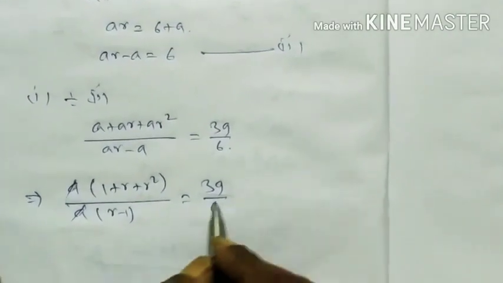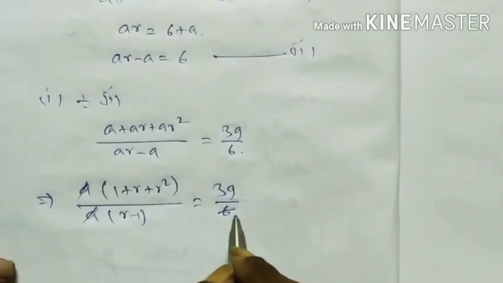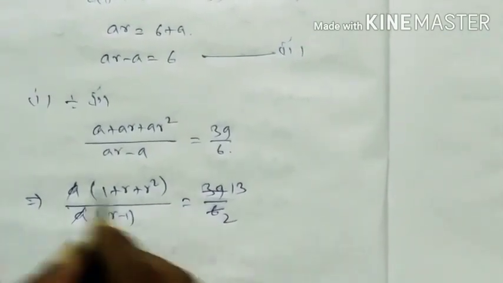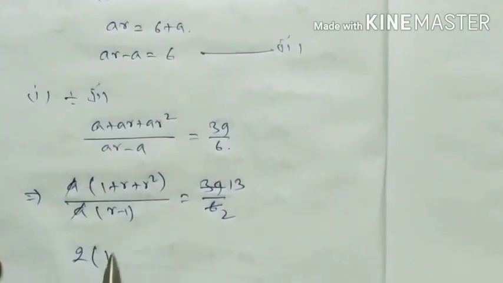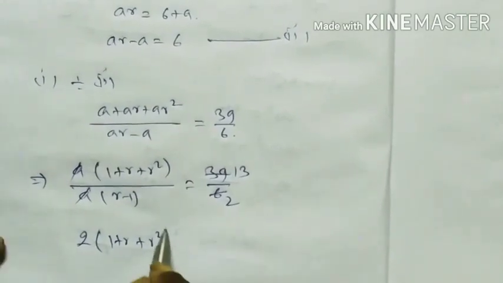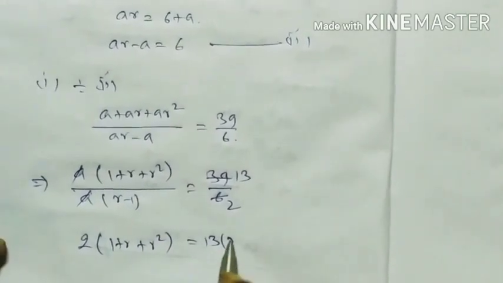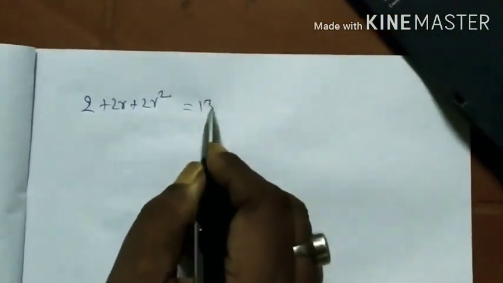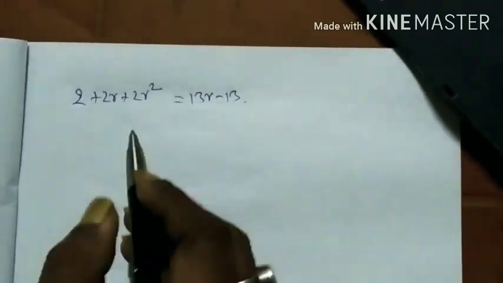A cancel out. Now 3, 2s are 6, 1, 3. So I am going to do cross multiplication. 1 plus R square is equal to 13 into R minus 1. Now this becomes 2 plus 2R plus 2R square is equal to 13R minus 13.